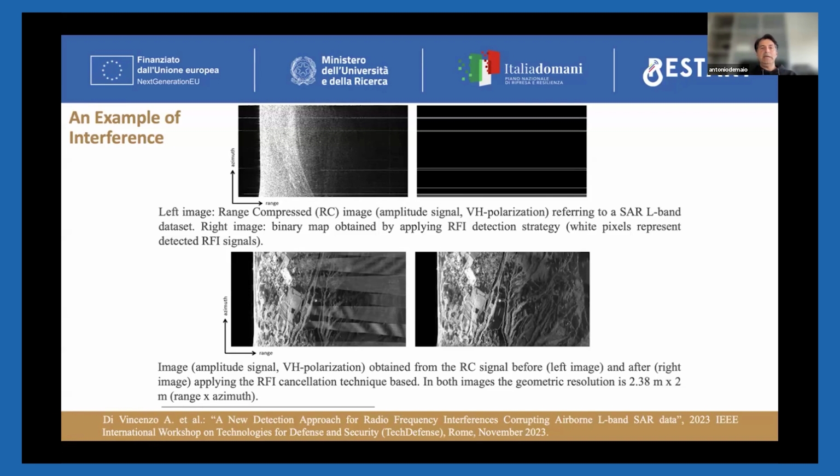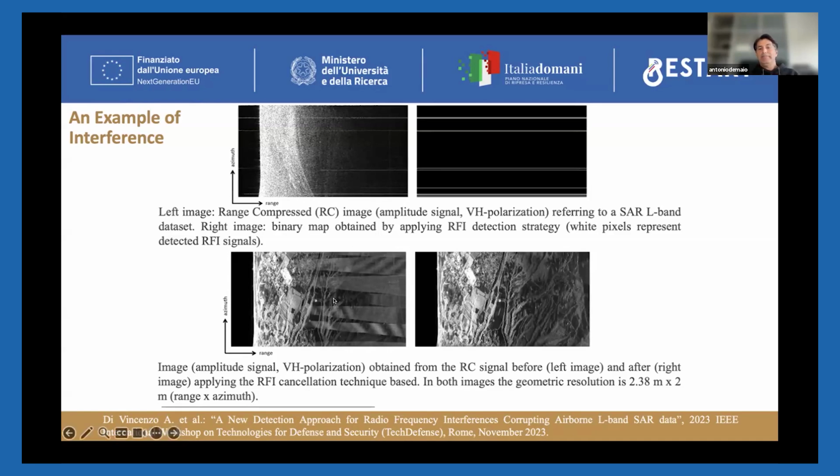And you can see in this figure that there are some interference lines for some azimuth that they cover almost all the ranges. And without taking care of them, in the focused synthetic aperture radar image, there are some unwanted horizontal strips. You can see them here.